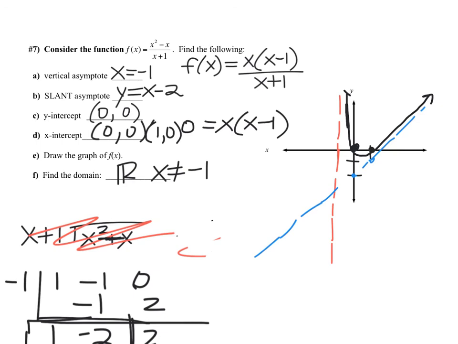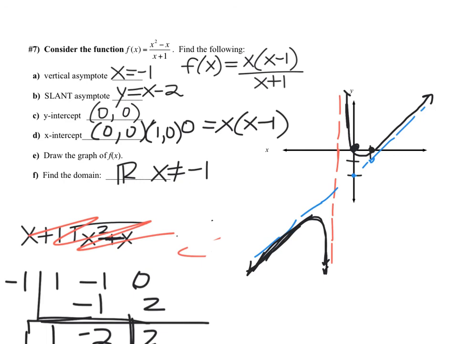Right? Crazy, huh? And then over here, you can plug some points in, but they're going to be the same thing every time for these slant. It's going to be the opposite of it. So it's going to have also another one over here, like that. So it goes right along the slant asymptote and right along that vertical asymptote.